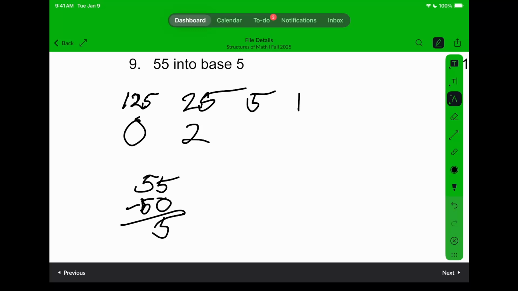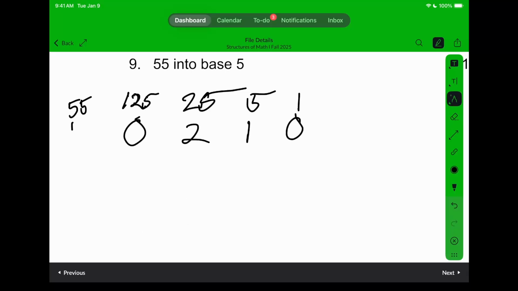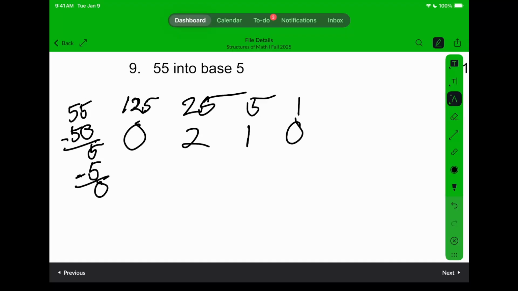That's what we have left, which is right there. We have a 5, so we don't even need any units, because if we used units, that'd be 5 units, which would be a long anyway. So boom, and just like that, that means 55 base 10 is equal to 210 base 5.